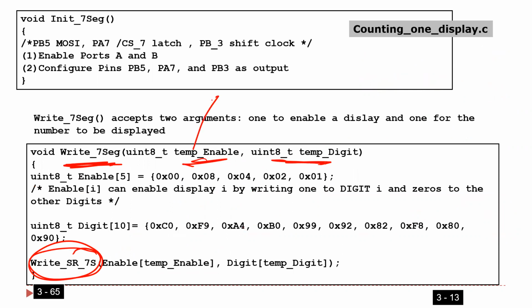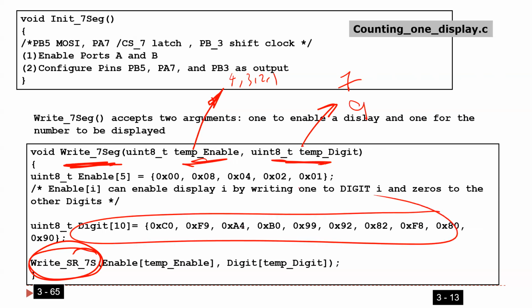In the first argument, you tell me which display you want to use. I told you the first one is 4, 3, 2, 1, so you send me 4 or 3 or 2 or 1. Also, you just give me a number, if I want to display 7 or 9, whatever. Then I will do the conversion internally. Any questions?